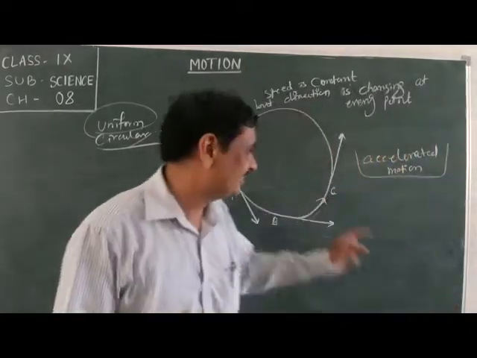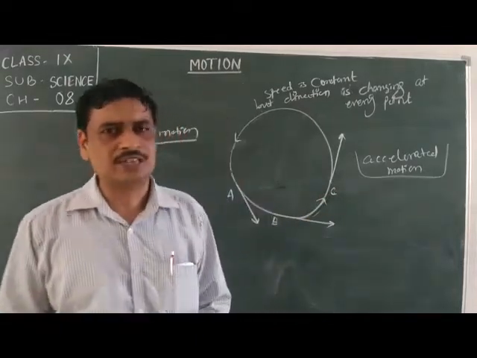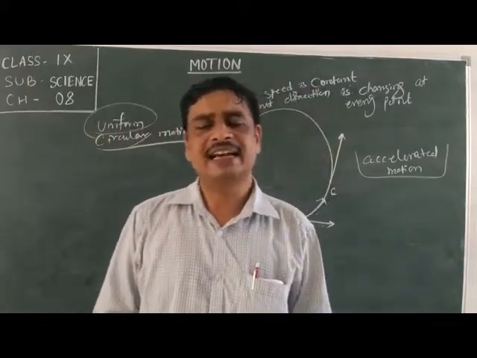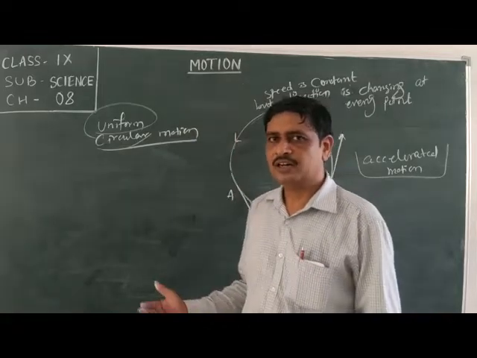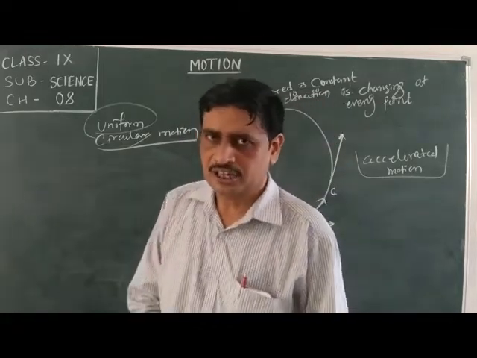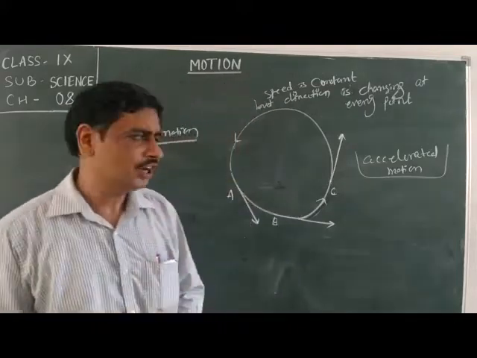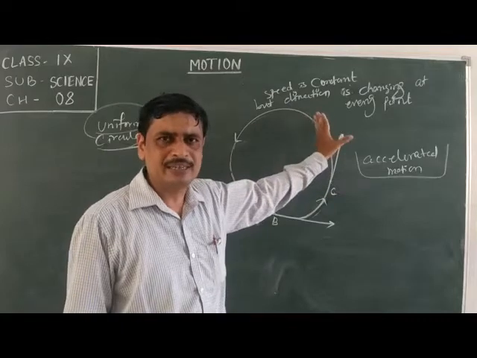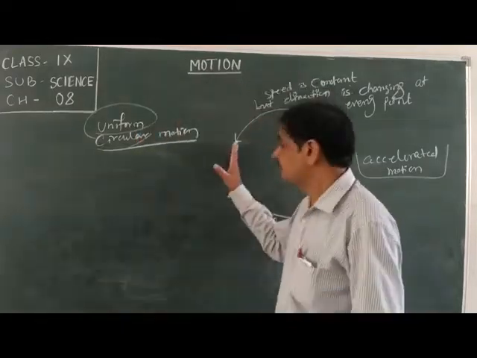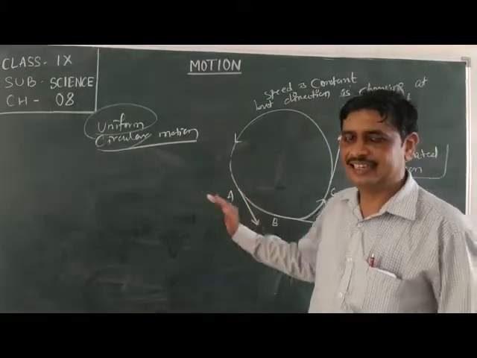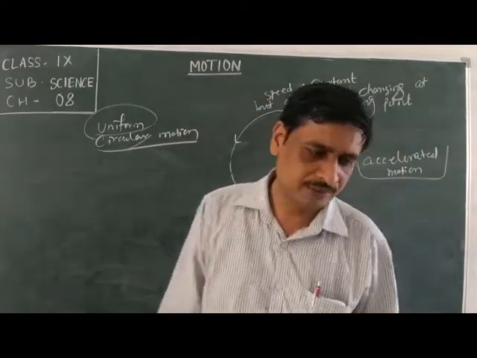That's why acceleration happens here. Whenever a body is in uniform circular motion, the body is said to be in accelerated motion. Like the planets, they move around the sun. Satellites move around the planet. All move with equal speed, but the direction of motion changes at every point. So this type of motion is said to be accelerated motion.